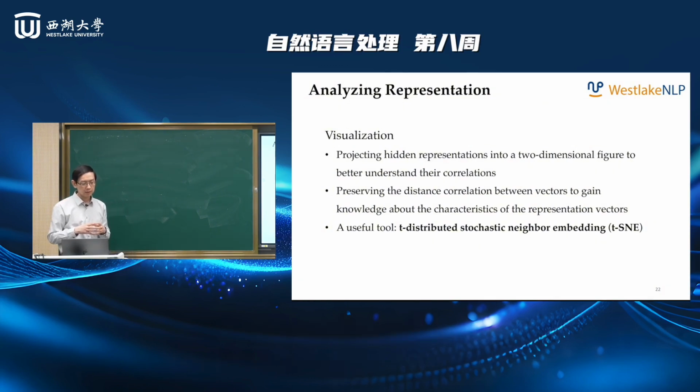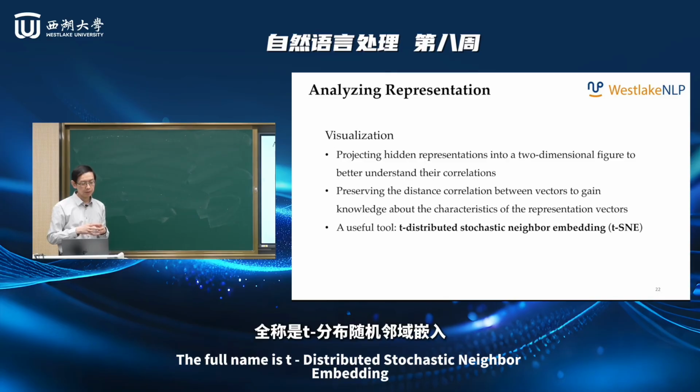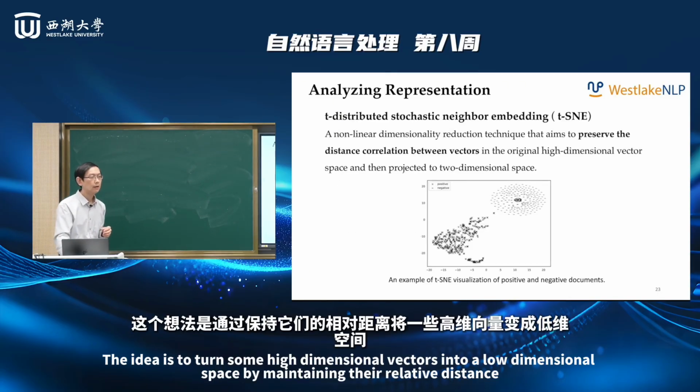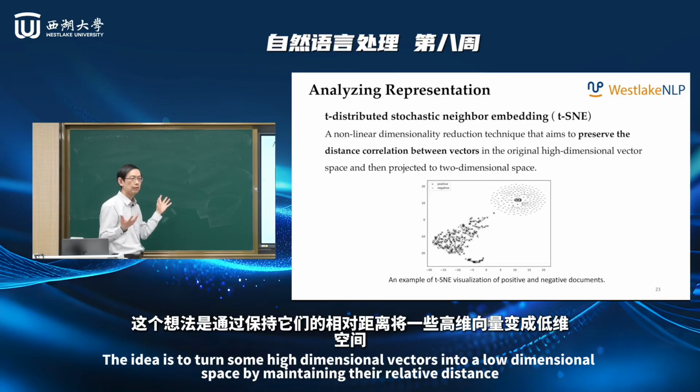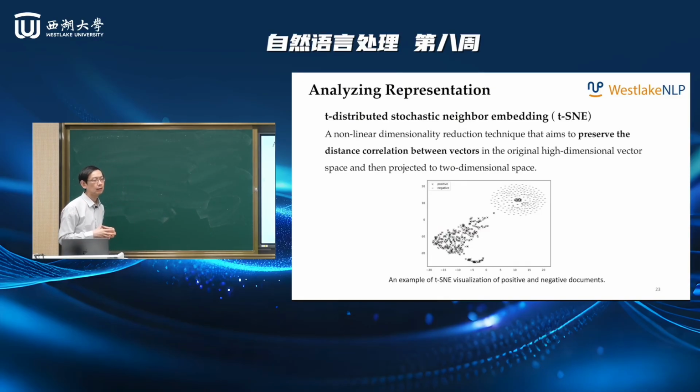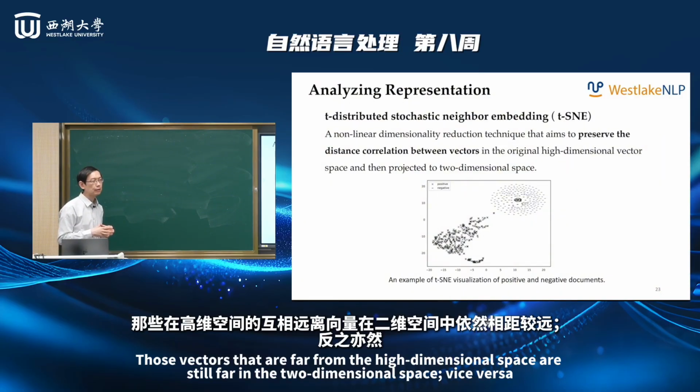The full name is T-distributed stochastic neighbor embedding. The idea is to turn some high-dimensional vectors into a low-dimensional space by maintaining their relative distance. So those vectors that are far in the high-dimensional space are still far in the 2-dimensional space, and vice versa.